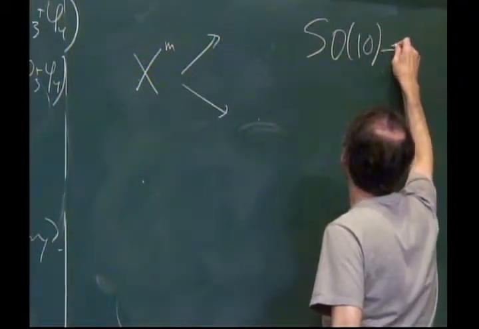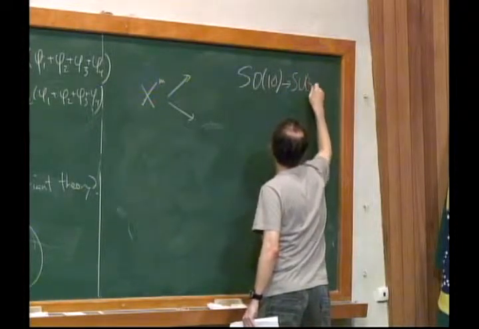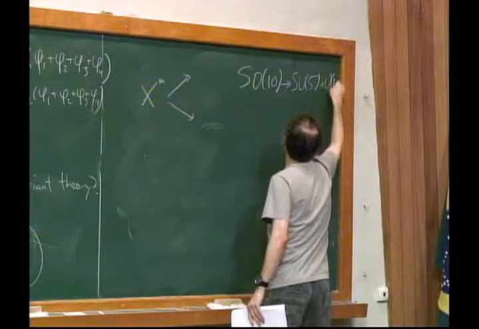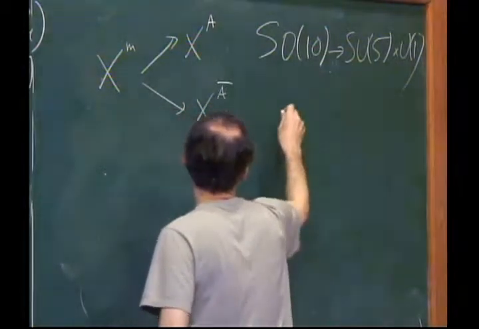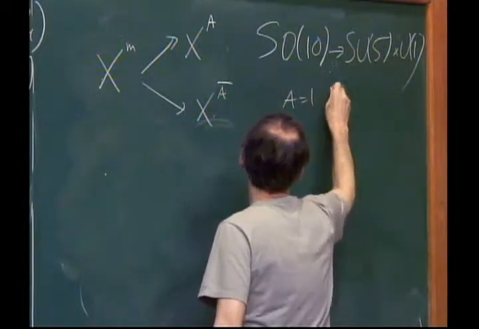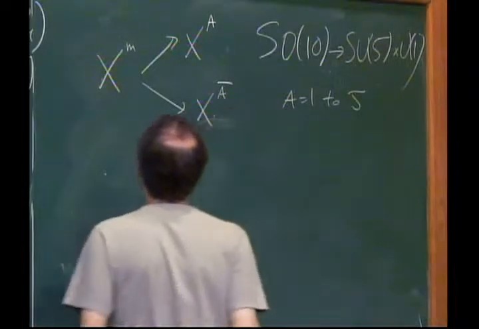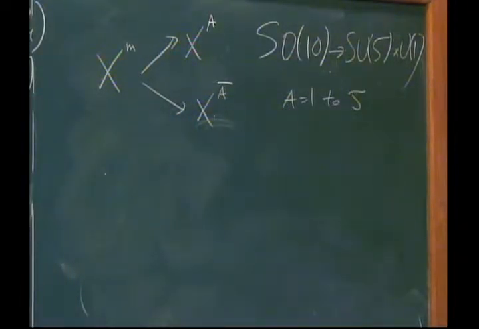And there's an obvious thing you can do, which is break it not to SU4, but to SU5. So that, of course, is going to break x into XA and XA bar, where now A is 1 to 5. So that's the obvious generalization of what was done with the light cone gauge.